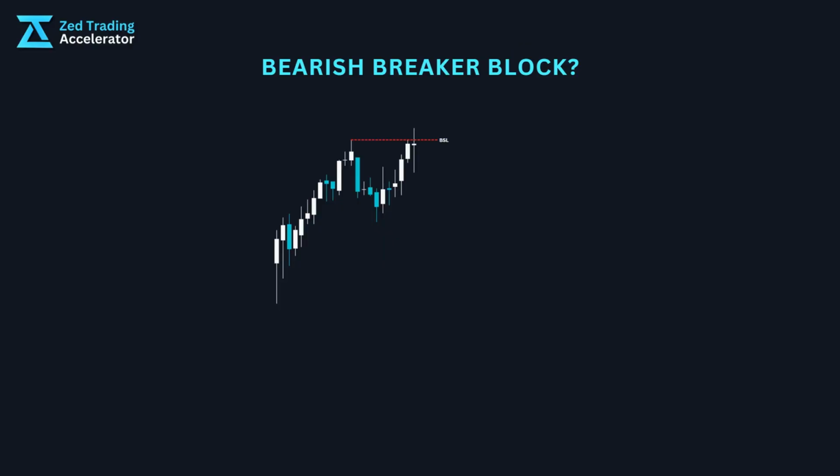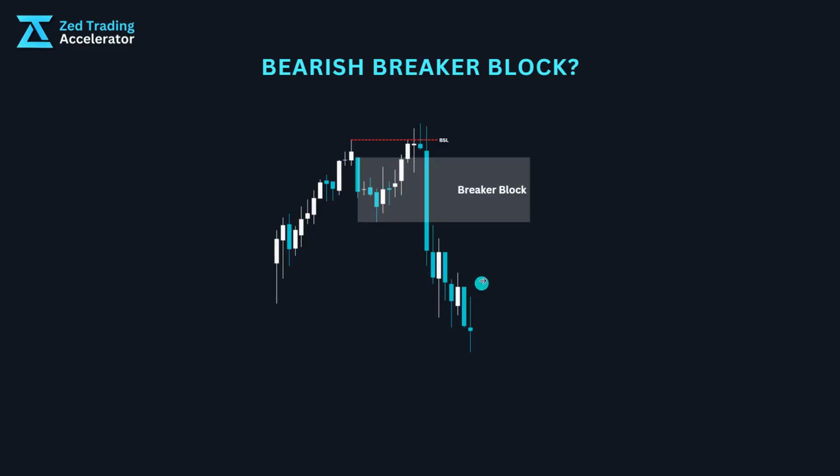But if price fails to respect this order block and shifts lower, just like this, we now have a breaker block. Alright, this candle right here, the order block, is now a breaker block. And the price should now respect that breaker block and continue going lower.